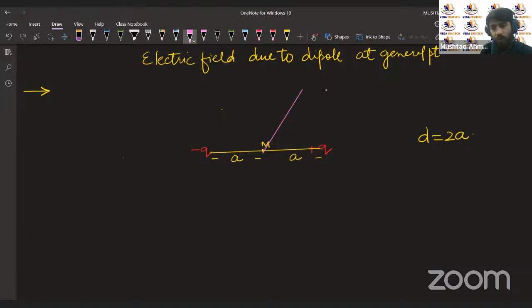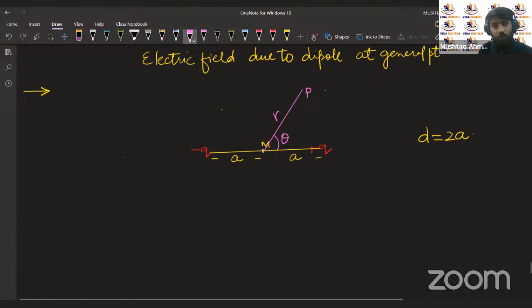Let me call this point P, at a general distance of r from the center of this dipole, right? And making an angle of theta with the line joining the two charges minus q and plus q.